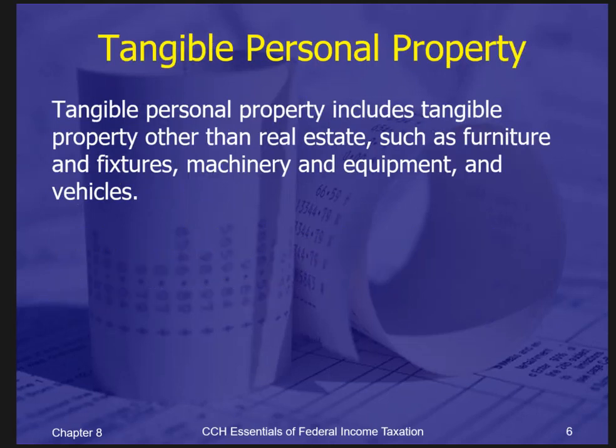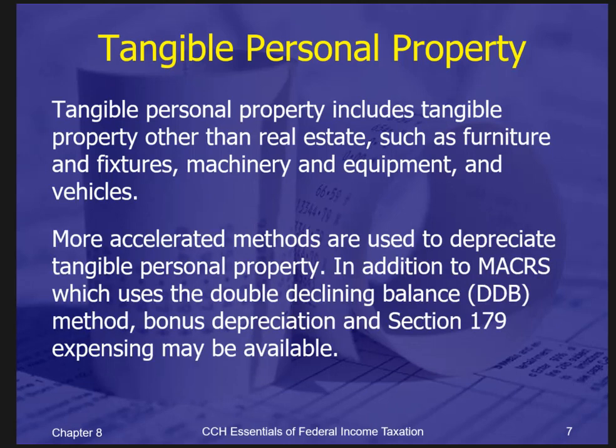All right, some examples of tangible personal property: furniture, fixtures, equipment, computers, all that kind of thing are tangible personal property. Usually are detached from the actual physical, real estate. They are based on MACRS, or double declining balance.